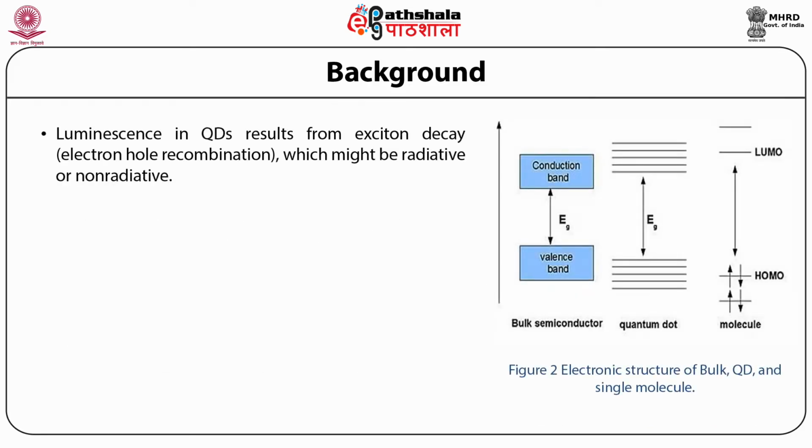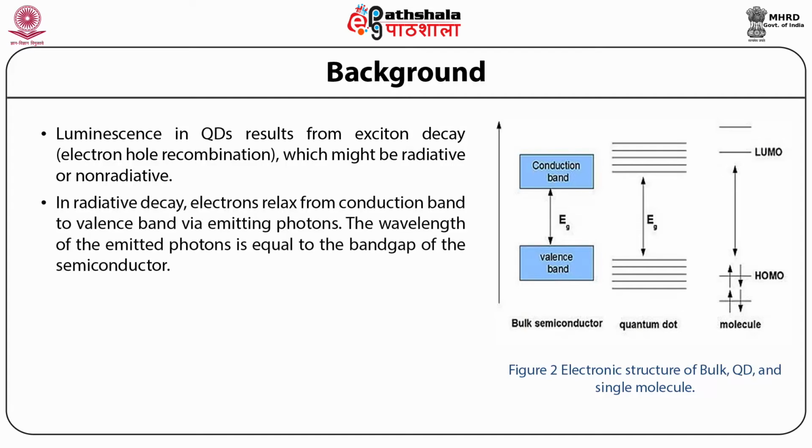Luminescence in quantum dots results from exciton decay, that is, electron hole recombination, which might be radiative or non-radiative. In radiative decay, electrons relax from the conduction band to the valence band by emitting photons.